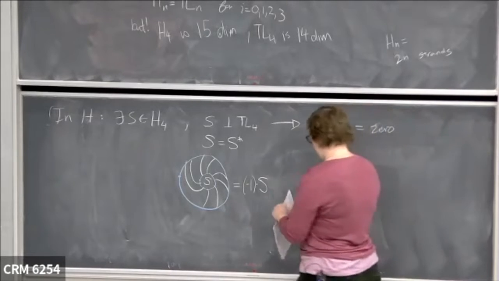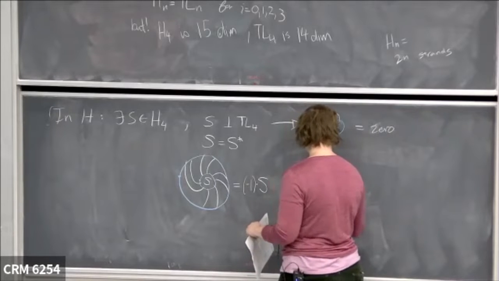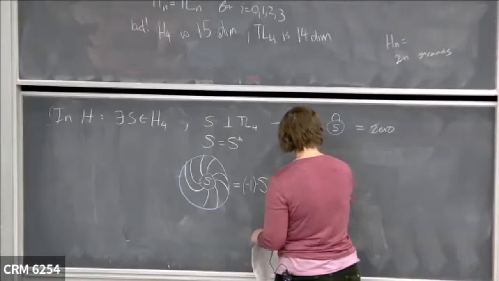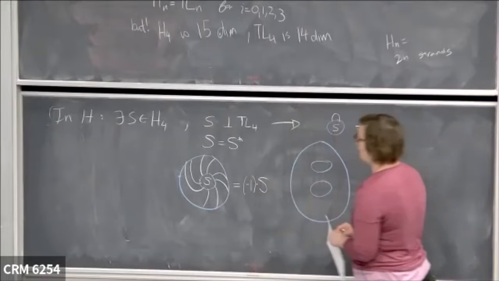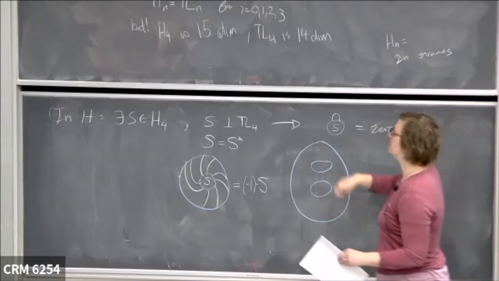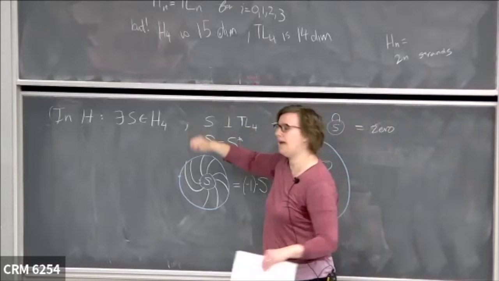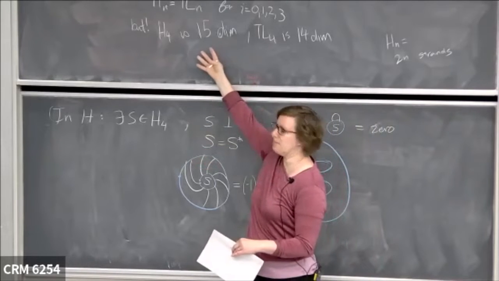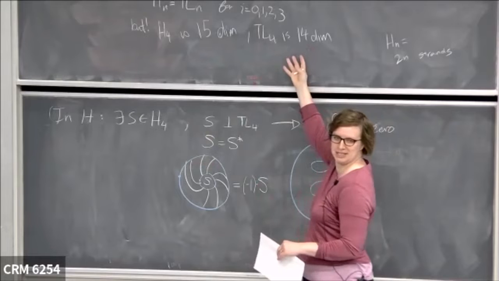And more than that, and I promise I will stop soon, but you can just keep chasing down these consequences of the fact that planar diagrams, the whole infinitude of them, only give us a 15-dimensional space, and we already know what 14 of those dimensions are.